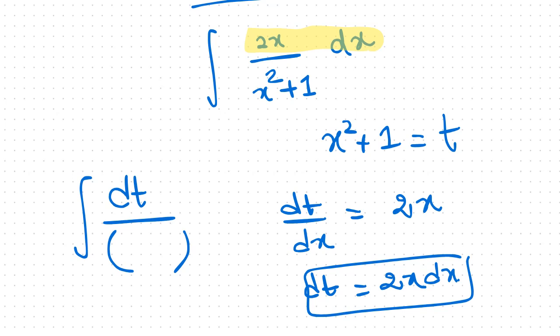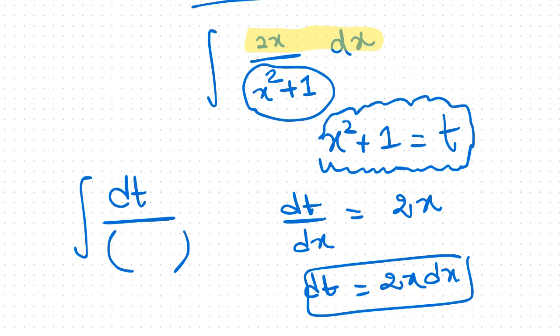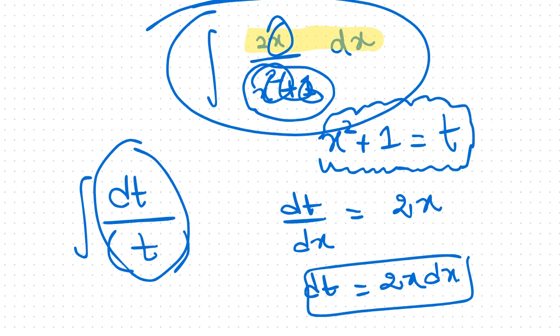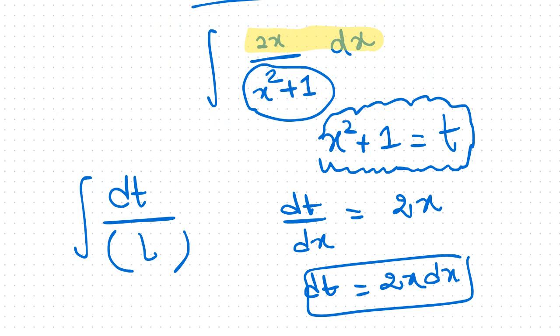The denominator, dt by dx means dx, right? x square plus 1. But in terms of the new variable, its value is t. So instead of writing this, I have converted this entire x expression into a simple t expression. So this is called substitution.